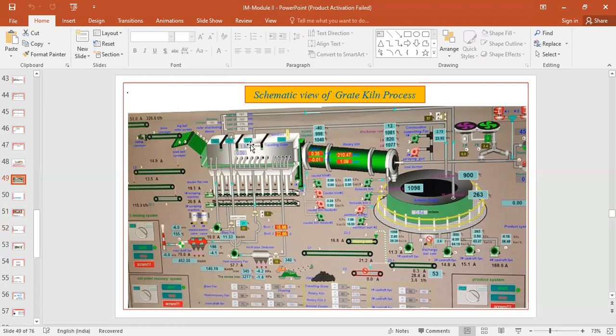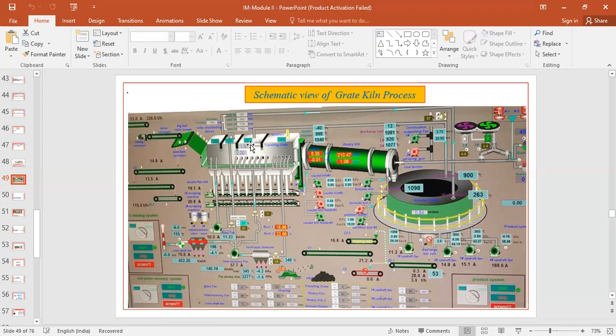Same thing I discussed when I mentioned the annealing hood also. Once the sinter bed has come out from the combustion zone, immediately there is an annealing hood. There also we supply the heat which is recovered from the annular cooling zone.